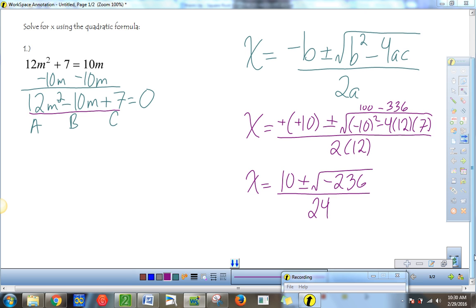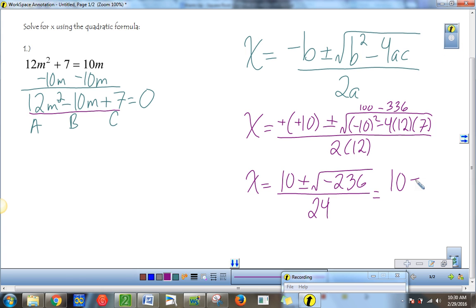You get an imaginary number. So instead of a negative, we change this into plus or minus i times the square root of 236 over 24.